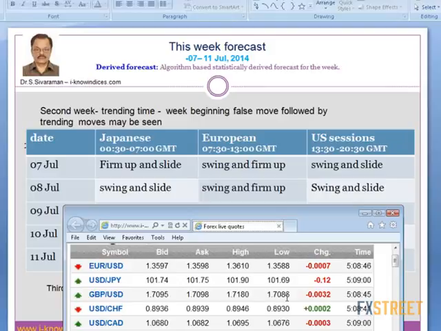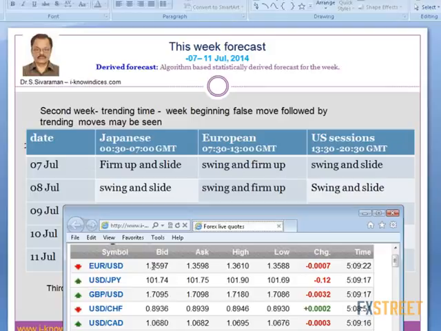That is, GBP and Canadian dollar react first. Then later on, they continue to make the USD gaining move, because on a Monday, they are expected to make the week beginning false move, and they finished it early during the start of the Japanese session and started making the USD gaining moves.